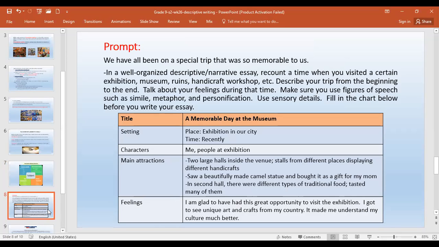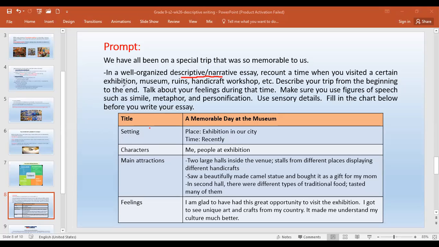Okay, miss. We have all been on a special trip that was so memorable to us. In a well-organized descriptive narrative essay, recount a time when you visited a certain exhibition, museum, ruins, handcraft workshop, etc. Nurjan, let me explain first.